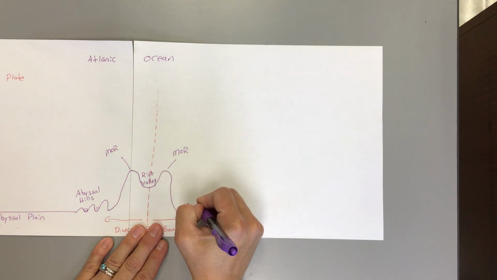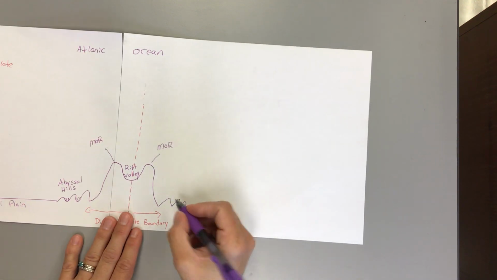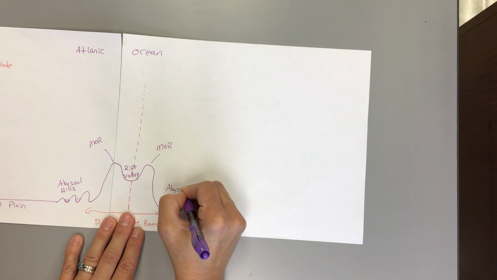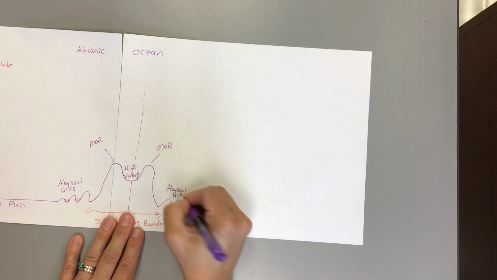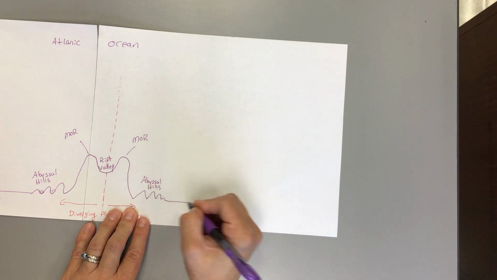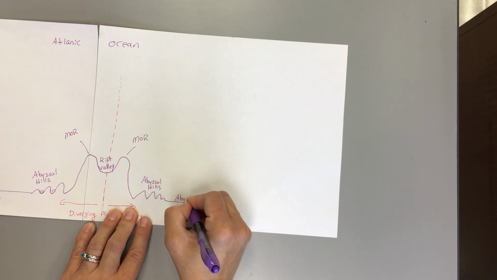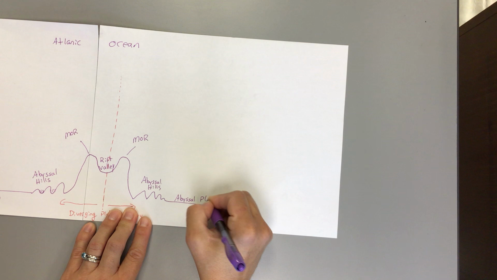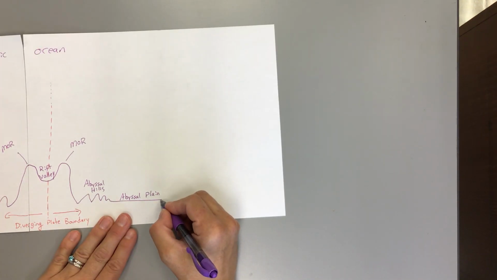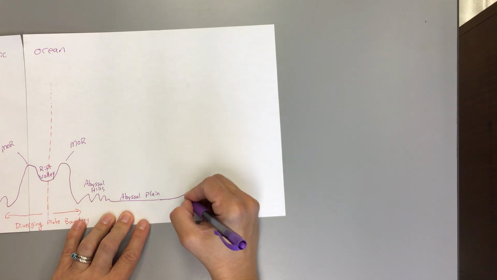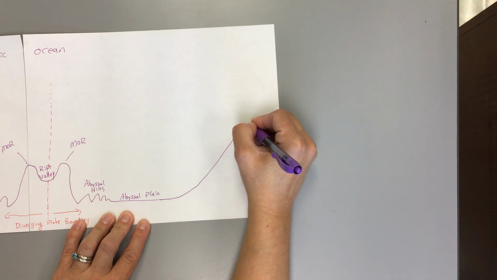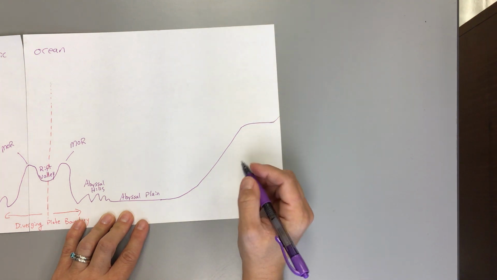Okay, moving on, you'll see sort of a mirror image. We have some more abyssal hills that slowly lead into an abyssal plain. That abyssal plain will lead into the continental rise, the slope, the shelf, and then on up to the land.